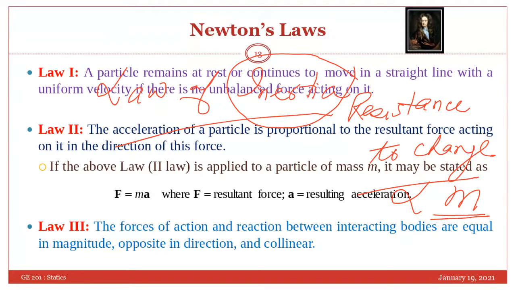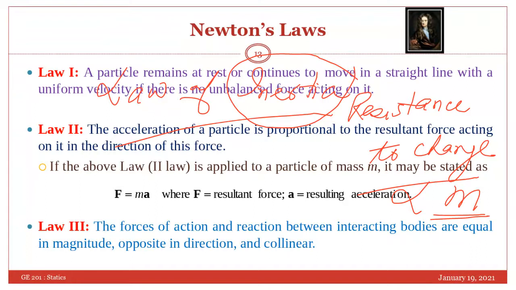So this is the first law of Newton, that as the thing is, it will remain as is forever. It means if it is at rest, it will remain at rest forever. If it is in motion, it will remain in motion with the same velocity in the same direction forever, unless there is a force to change it.